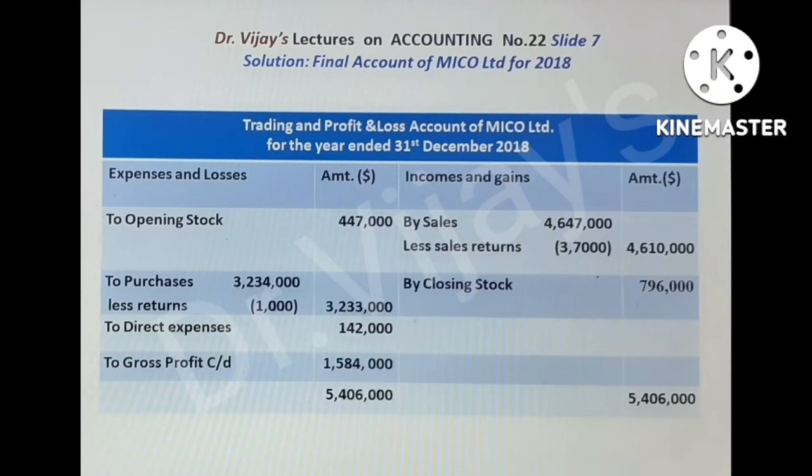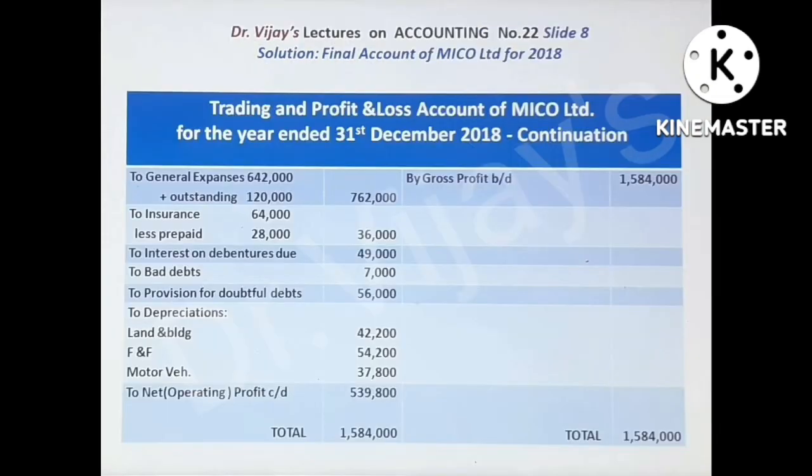First item in debit side, to opening stock, then to purchases minus purchase returns, then to direct expenses. On the credit side, by sales minus sales returns, and then closing stock. The trading account shows a gross profit of $1,584,000.